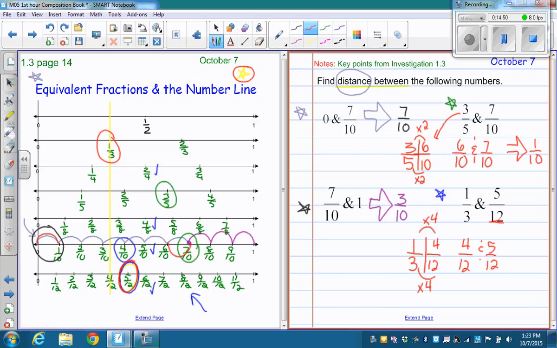And when I do that, there's only one jump, but now it's not the size of 1/10. It's the same size as 1/12. So we say the distance between 4/12ths and 5/12ths is one jump of 1/12. So the distance between 1/3 and 5/12 then is also 1/12 apart.